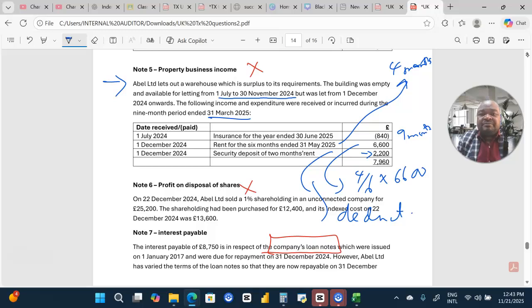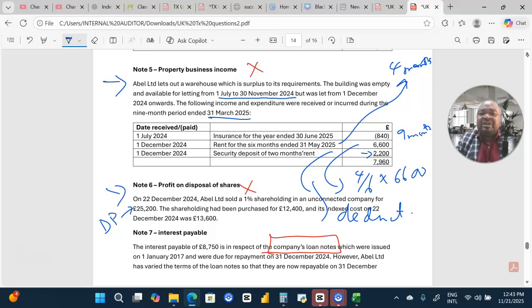Then let us read this other part, the capital gains, disposal of shares. On 22 December 2024, Abio Limited sold a 1% shareholding in an unincorporated company for 25,200. So that was the disposal. The disposal proceeds were 25,200 pounds.